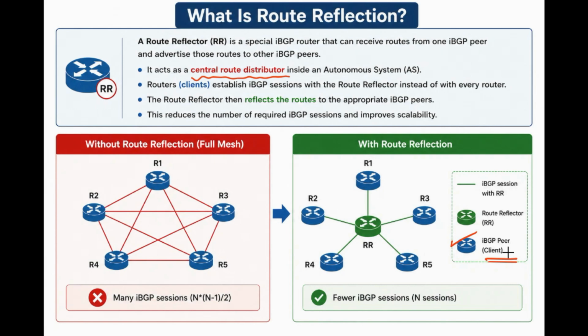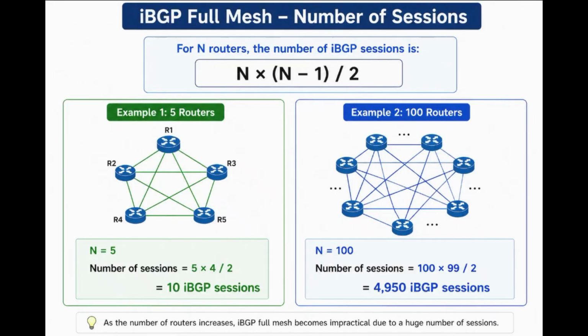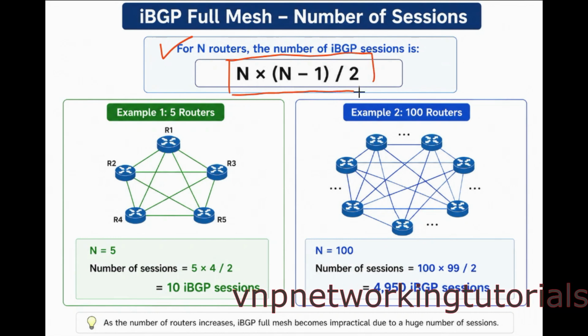Full mesh versus route reflection. Let's compare the two designs. On the left side, we have iBGP without route reflection. Here, every router must establish an iBGP session with every other router. So, to calculate the number of iBGP sessions required, we have the formula n(n-1)/2.